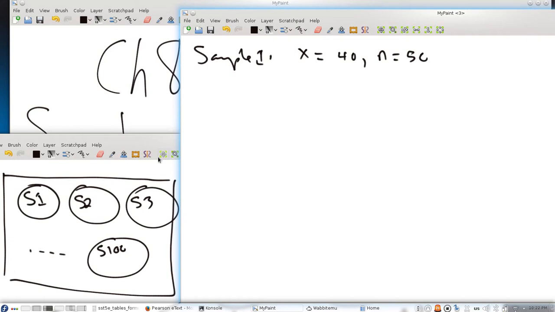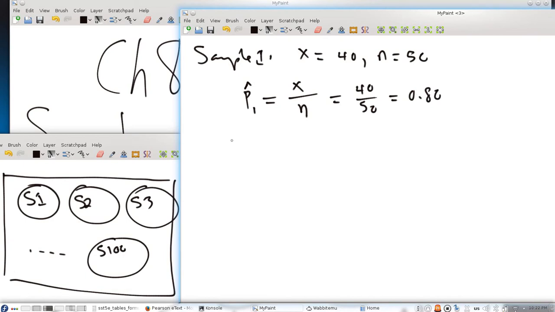To compute the sample proportion from our first sample, we call it a point estimate and associate it with what we call p-hat. A p-hat is referred to as a point estimate, and since this is from sample 1, we use a subscript of 1 to identify it. The point estimate is the number of observations divided by the sample size, so 40 divided by 50, which gives 80%.